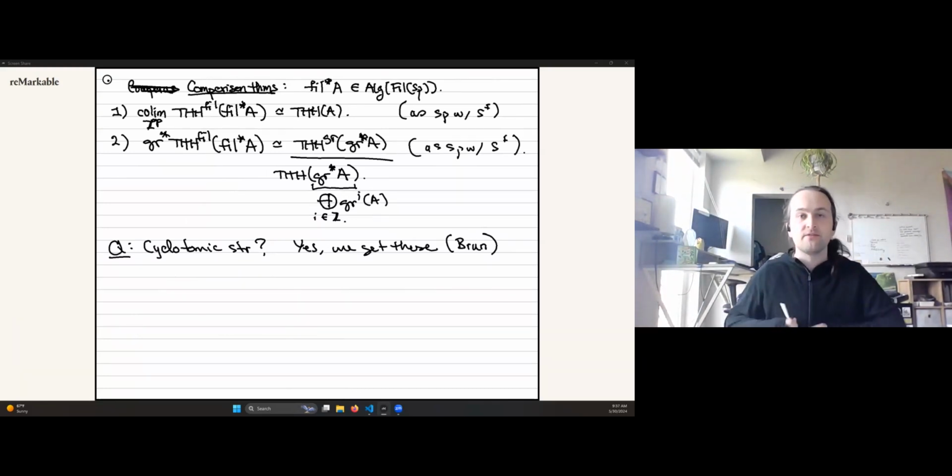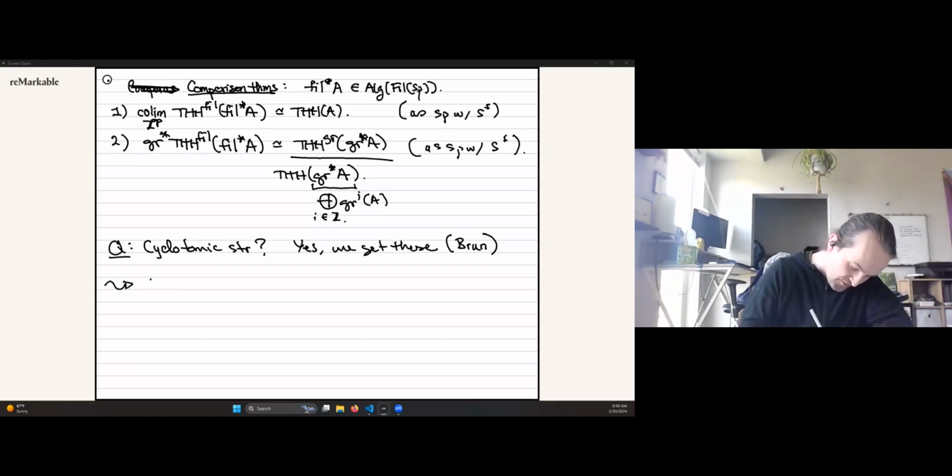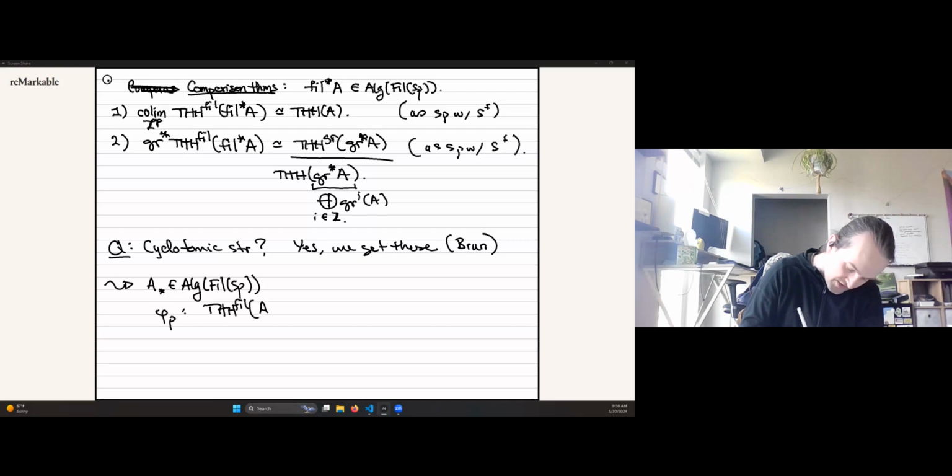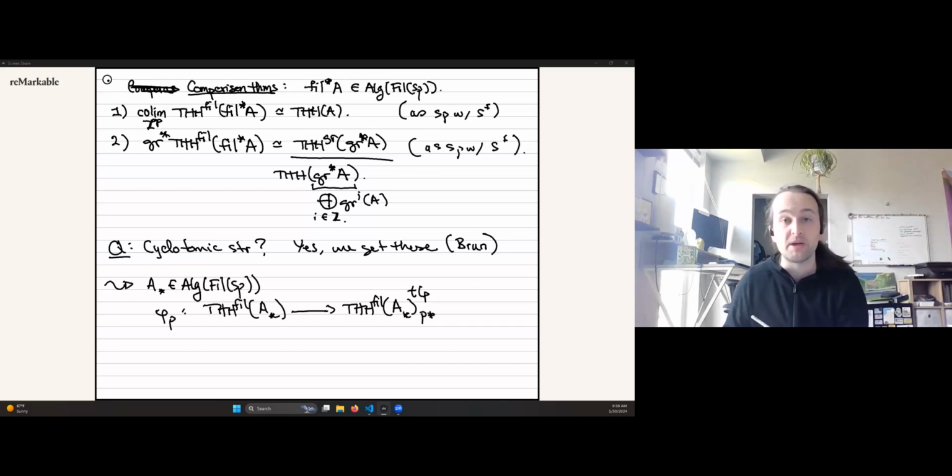this is again kind of another folklore type theorem, which basically says that if you start with some algebra in filtered spectra, then you end up getting phi p, where now we go from the filtered THH of A star to what I'll just write as the filtered THH of A star Tate CP, but now you multiply the filtration degree by p.